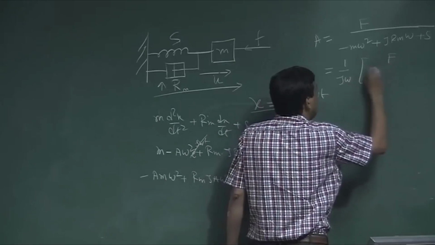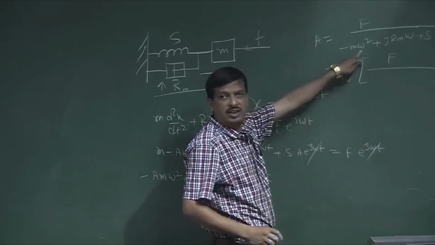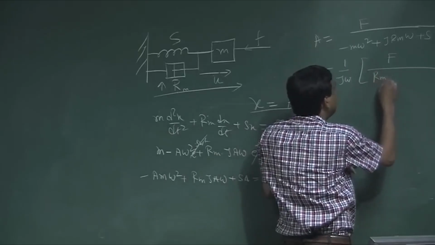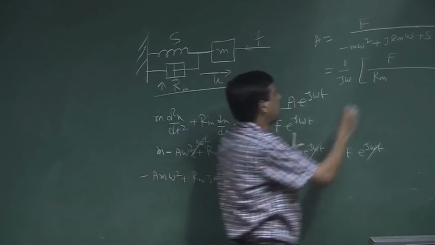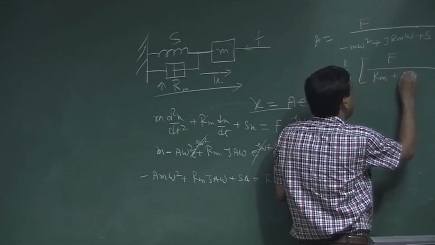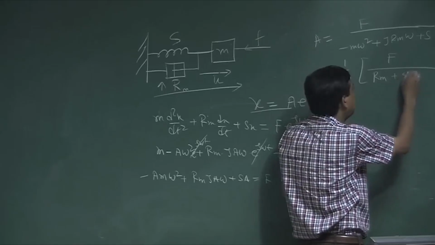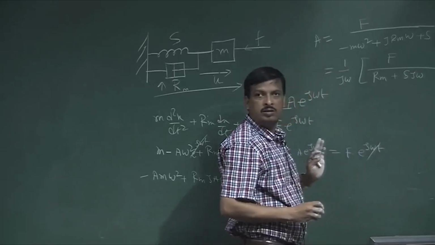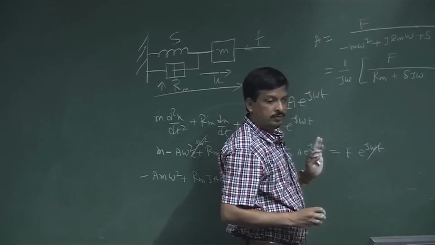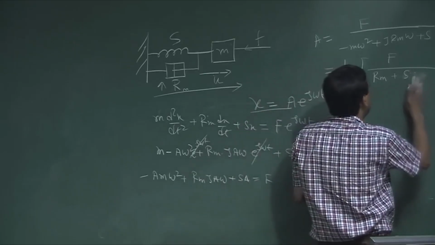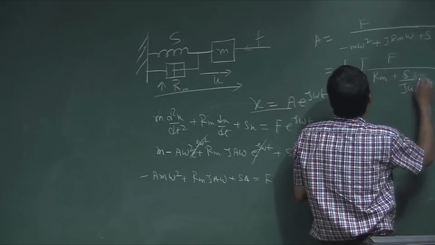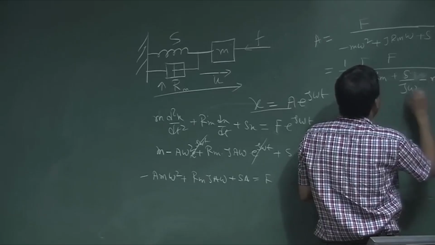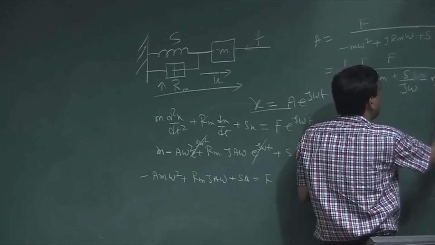Then it will be f by j omega times r m plus s by j omega minus m omega square by j omega.